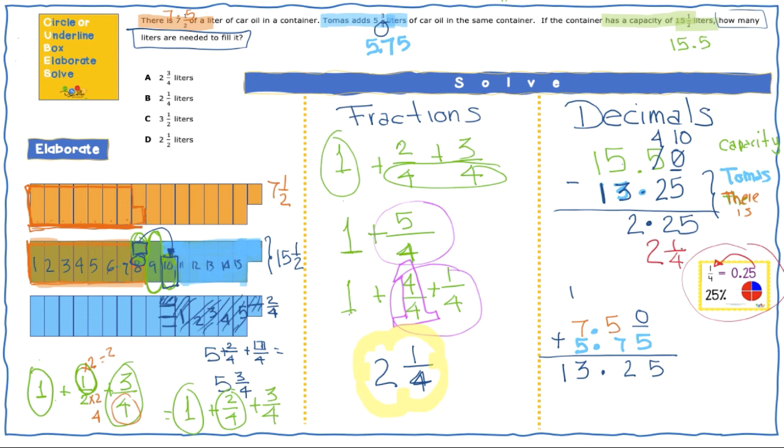And you see how we got our answer by looking at the picture, which is the first option, by doing it with fractions and by doing it with decimals. Awesome. I'm going to put that right here. I highlight my answer in here. I'm gonna put a star, and I said I did circle or underline, which in this case we did highlight. We boxed the question, we made a picture, and we figured our answer. Awesome!